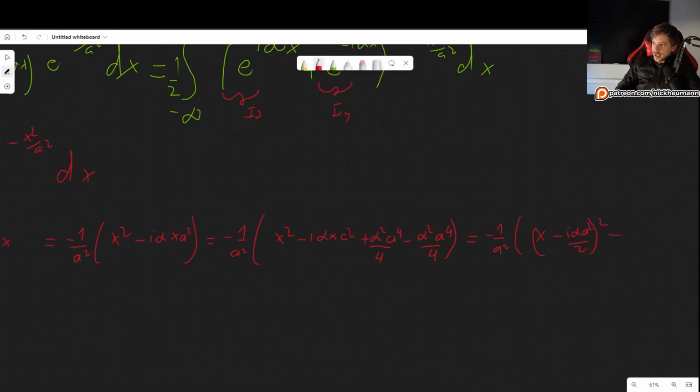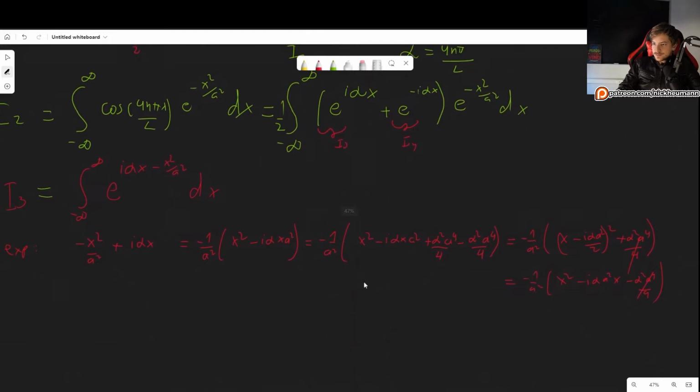So we only have plus alpha squared a to the 4th divided by 4 left, right? And we can now make sure that this is correct. So we just multiply through, right? We have x squared minus 2 times this, alpha a squared x, and then this term squared, which is minus alpha squared a to the 4th over 4, which is the same as this. So yes, that is indeed correct.